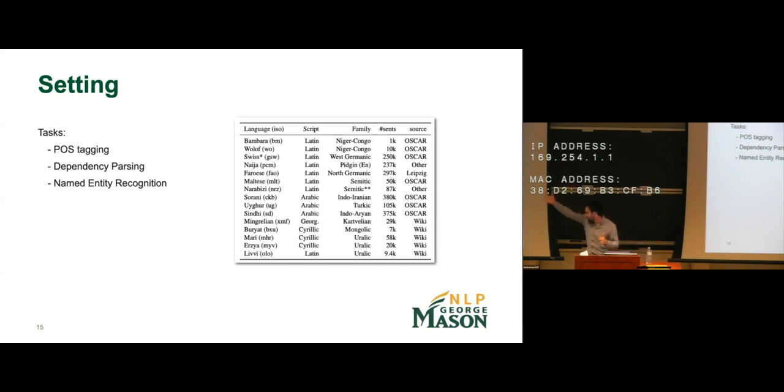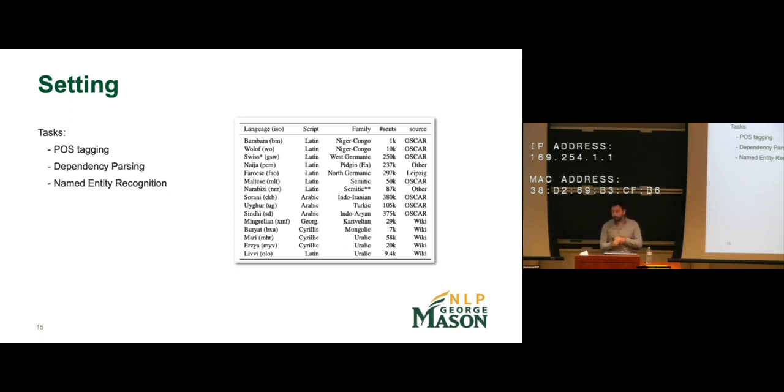We took a bunch of languages that were not seen in the model's pre-training stage. So say multilingual BERT has not seen Bambara or Wolof or Faroese or Maltese as part of its pre-training regime. We are going to try to do our best on 3 tasks: part-of-speech tagging, dependency parsing, and NER.